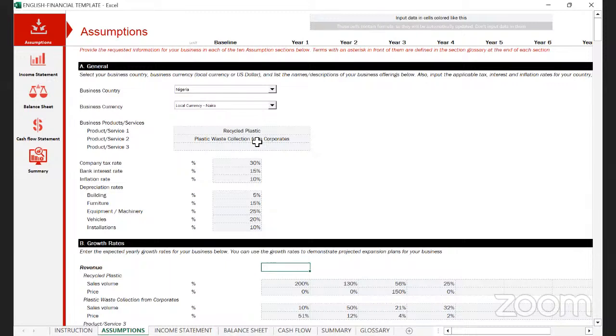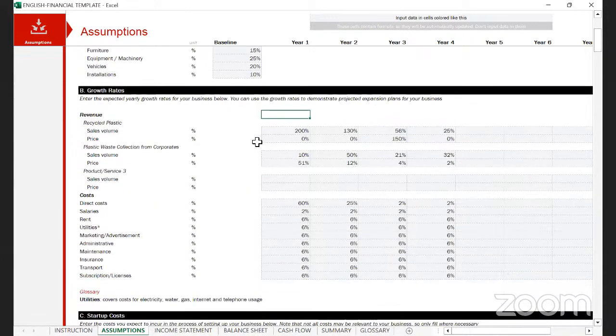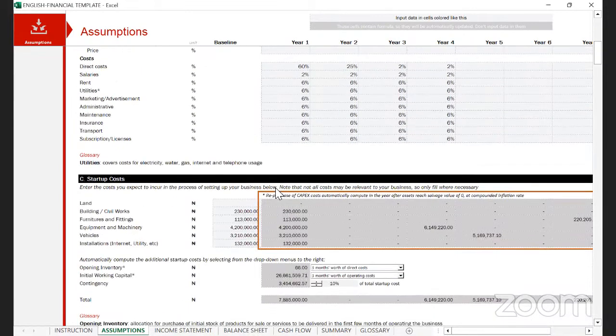Some of your businesses are like waste collection services, businesses where you're offering services. Even with that, you should be able to count the number of times you offer that service in a month and estimate for how many times you would need to offer that service month on month, estimate how much you would charge each time you're offering that service. And if you do that, you will still be able to fill these sections.